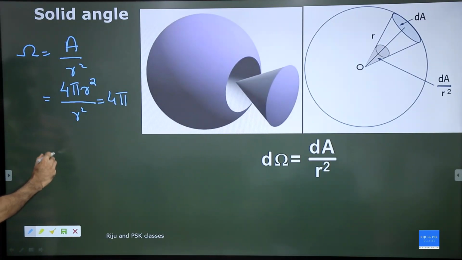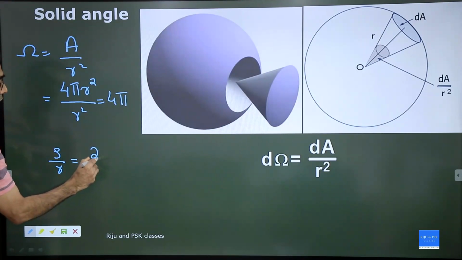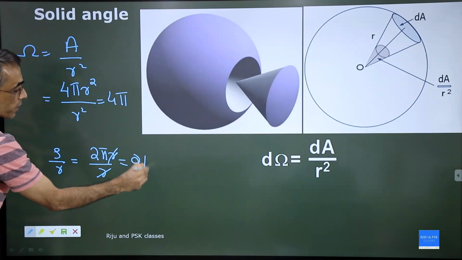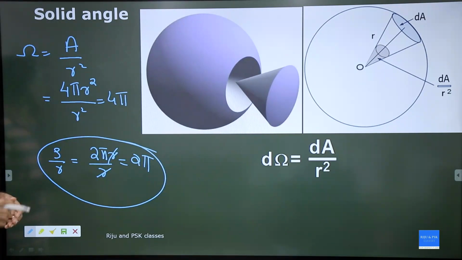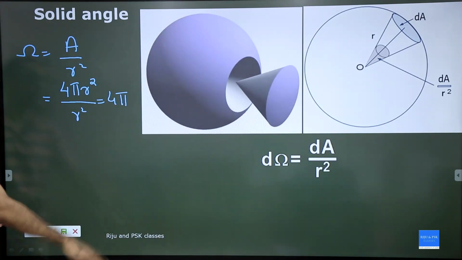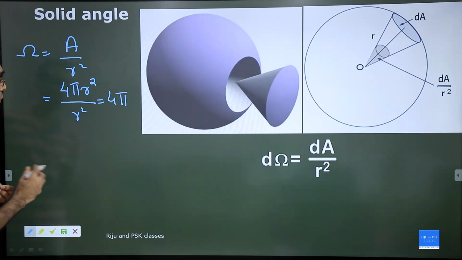Relate this to what we did earlier: S by R, the largest arc was the circumference. We did it like this, 2 pi r by r, and we got a value 2 pi. You remember this in the plane angle. Something similar happened here. Largest area is the area of the sphere, 4 pi r square by r square is 4 pi.